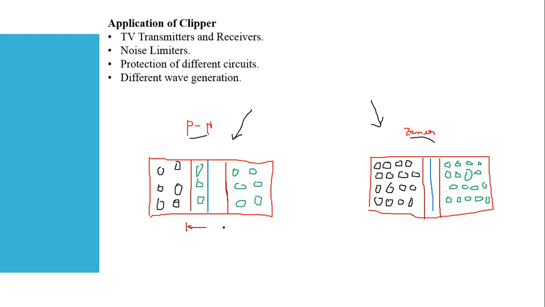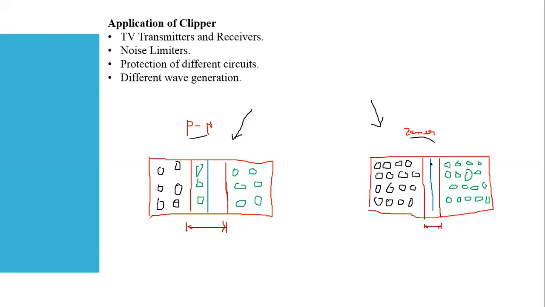See the width of the depletion region here and the width of the depletion region over here. So the width of the depletion region is less. But the number of electrons and holes present is dense in this quantity.